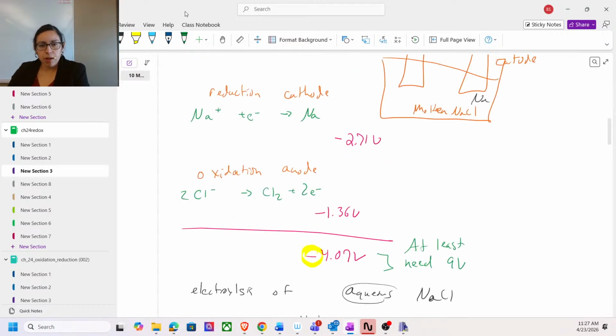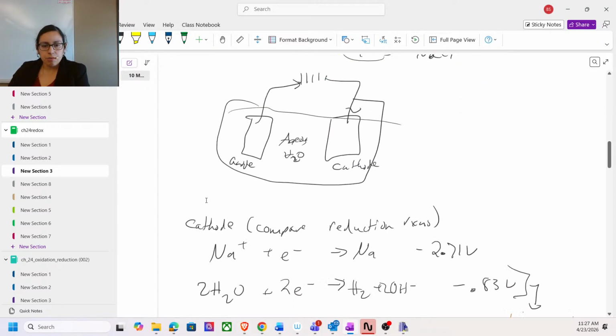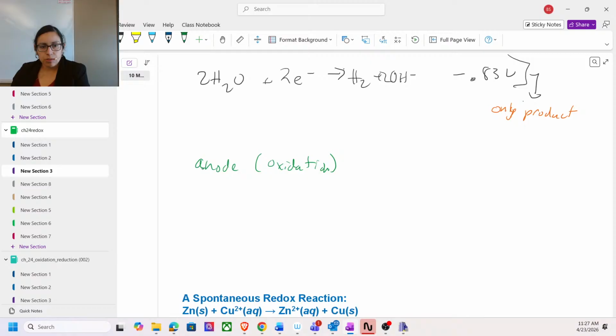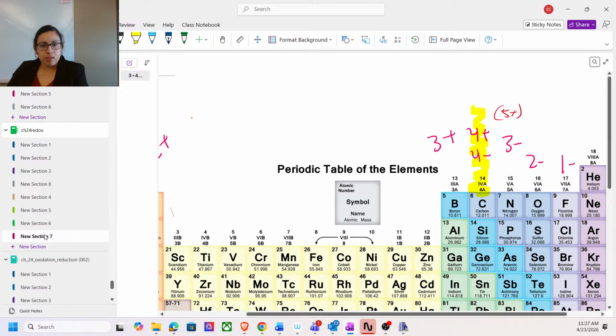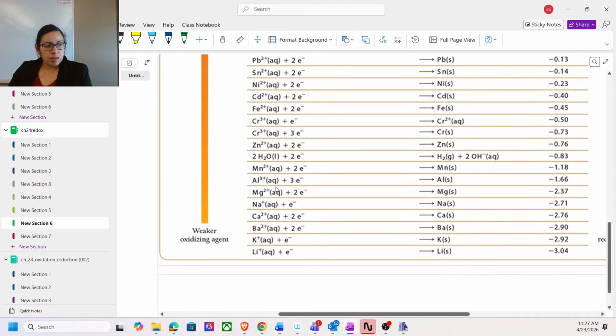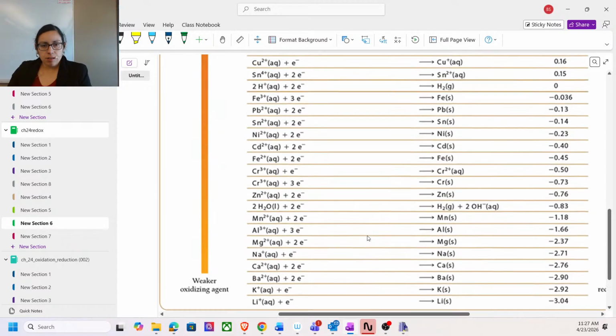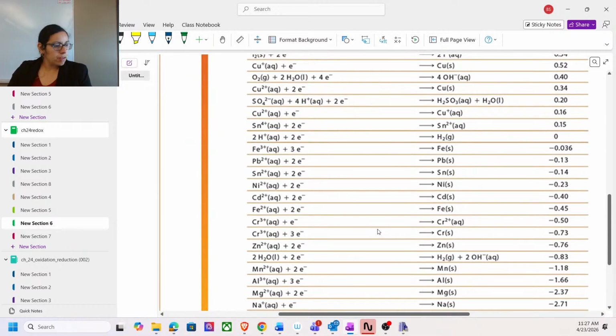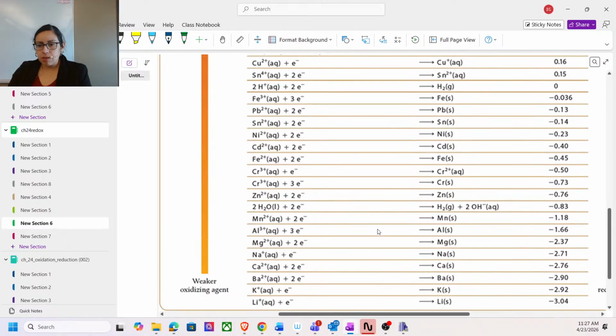So of course, we have the chloride from before. So I'm just going to rewrite that. And then let's look at our water oxidation.